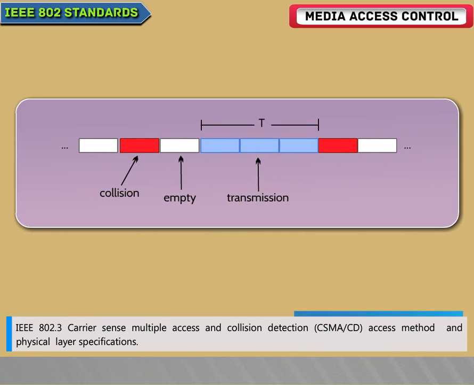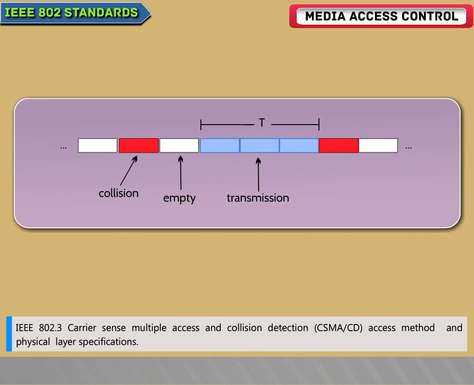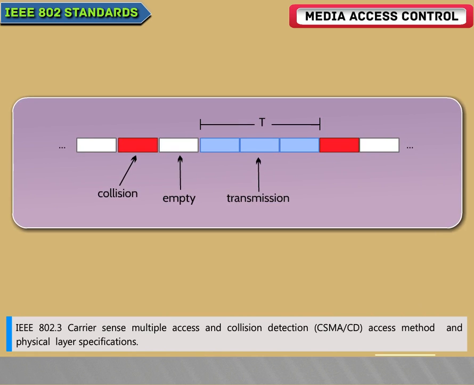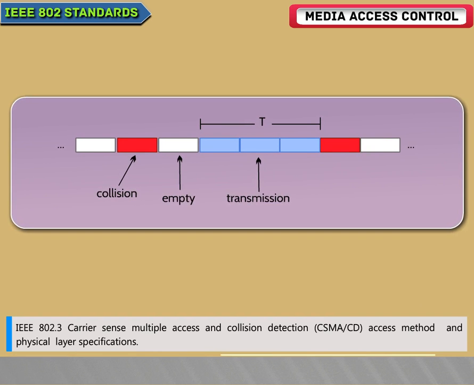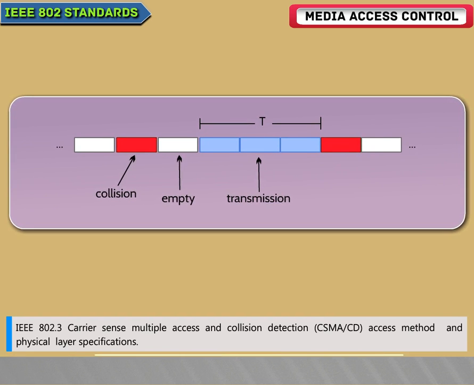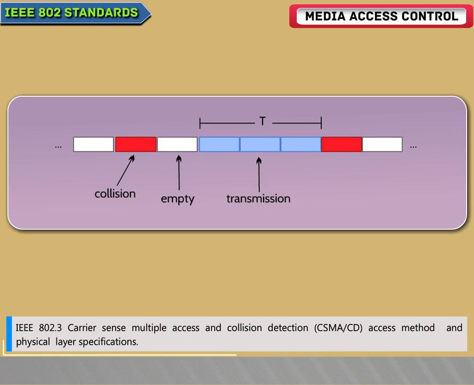Media Access Control. IEEE 802.3 Carrier Sense Multiple Access with Collision Detection, that is CSMA/CD Access Method and Physical Layer Specifications.